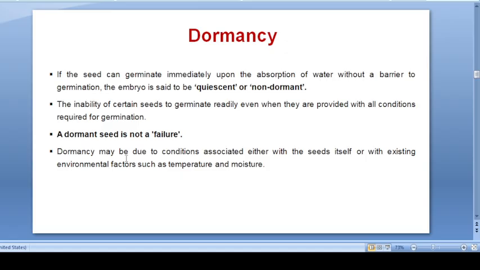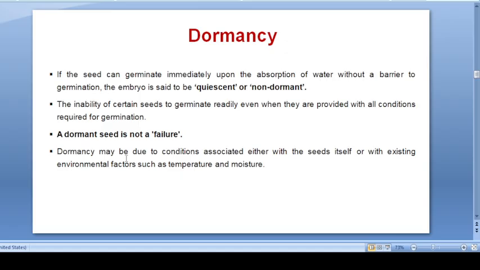The next concept associated with seed germination is dormancy. Dormancy is one common term, and being agriculture students, we are very well aware of it. How do you define dormancy?